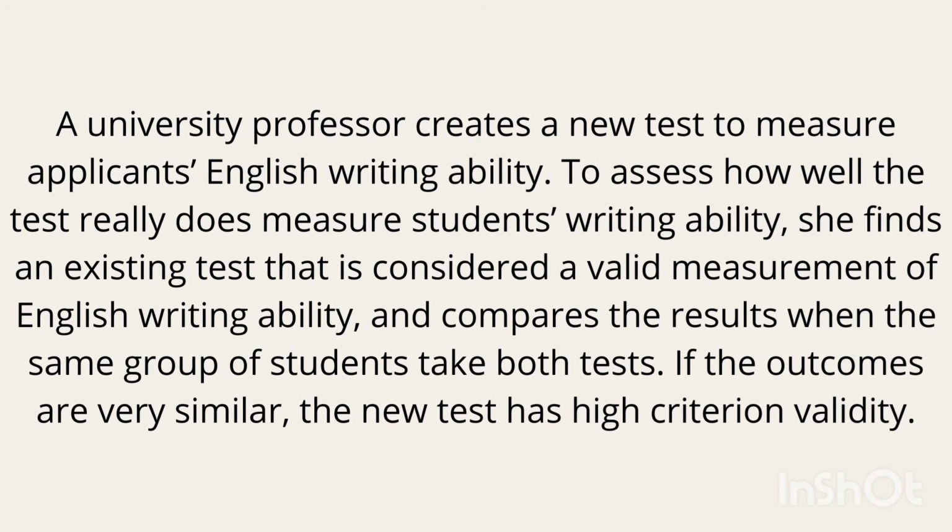To assess how well the test really does measure students' writing ability, she finds an existing test that is considered a valid measure of English writing ability and compares the results when the same group of students take both tests. If the outcomes are very similar, the new test has high criterion validity.